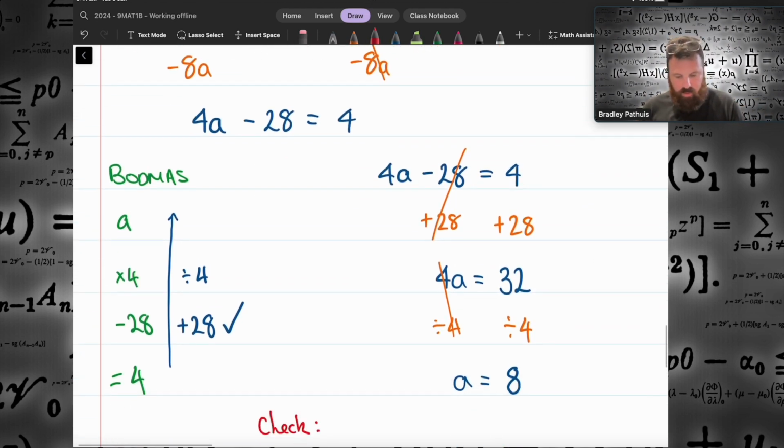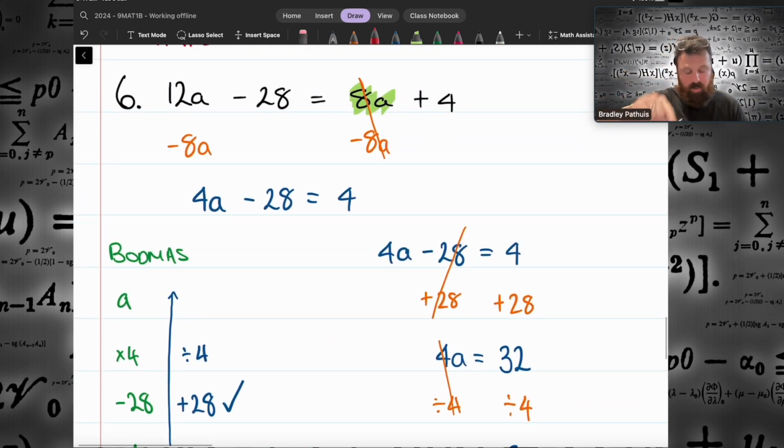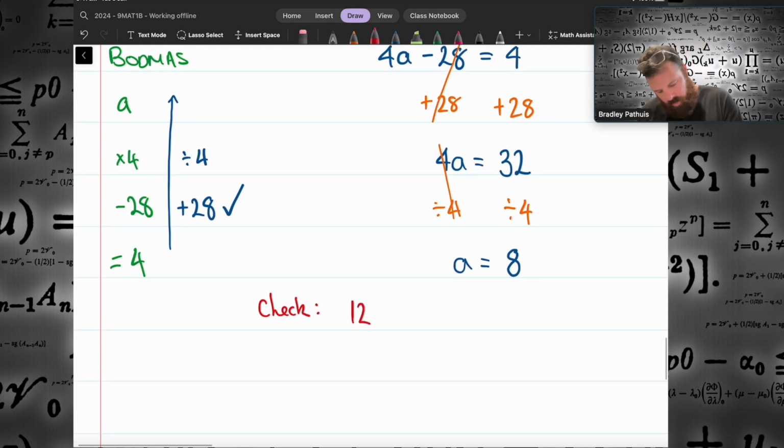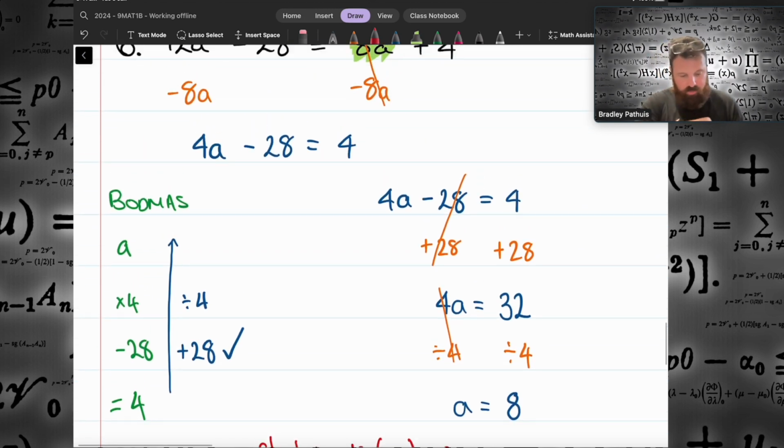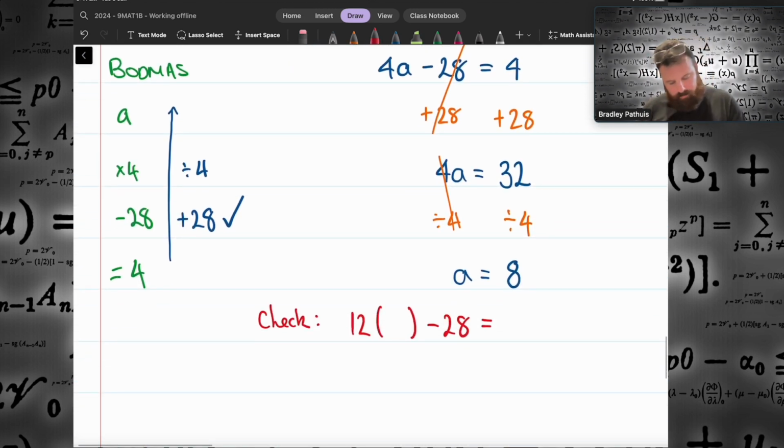So go back to the original one: 12a minus 28, and on the right-hand side was 8a plus 4. And I said that a is 8. 12 times 8 is 96. 96 take away 28 is 68.